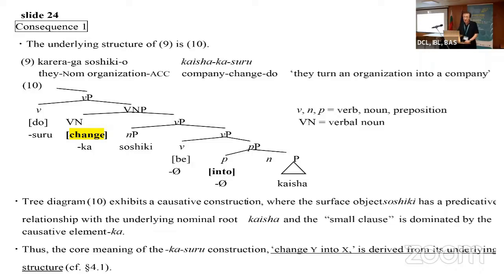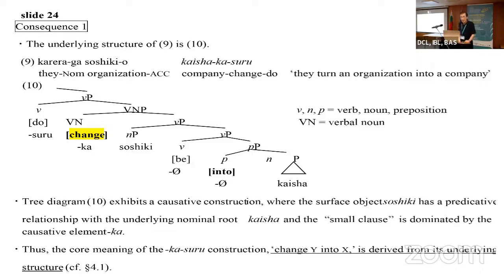So tree diagram 10 exhibits a causative construction where the surface object 組織 has a predicate relationship with the underlying nominal root 会社 and the small clause is dominated by the causative element か. Thus, the core meaning of the 化する construction, change y into x, is derived from its underlying structure.